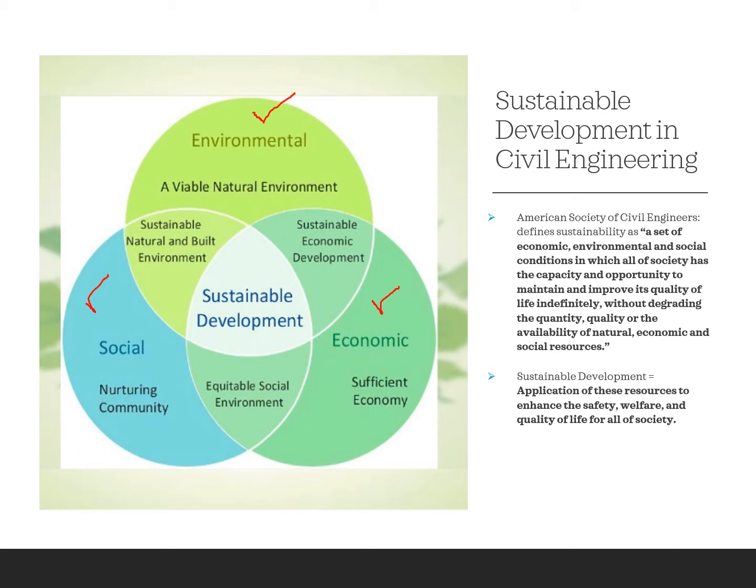The American Society of Civil Engineers defines sustainability as a set of economic, environmental, and social conditions in which all of society has the capacity and opportunity to maintain as well as improve the quality of life without degrading the quantity, quality or availability of natural, economic and social resources.